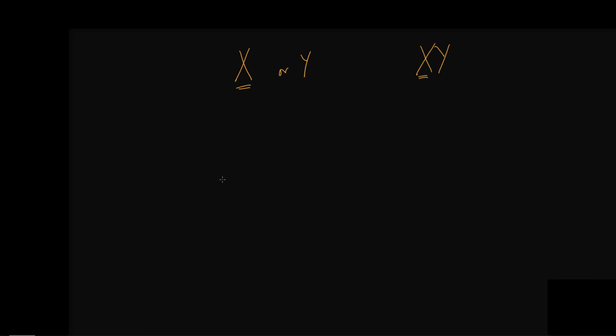All right. But anyway, the way we write the alleles is going to be the same, but they're going to be written as a little superscript next to the chromosome. So let's look at our example again, where big R is red flowers and little r is white flowers. Well, that means the allele for red flowers, and that's the allele for white flowers. It just means that the gene is on the X chromosome.